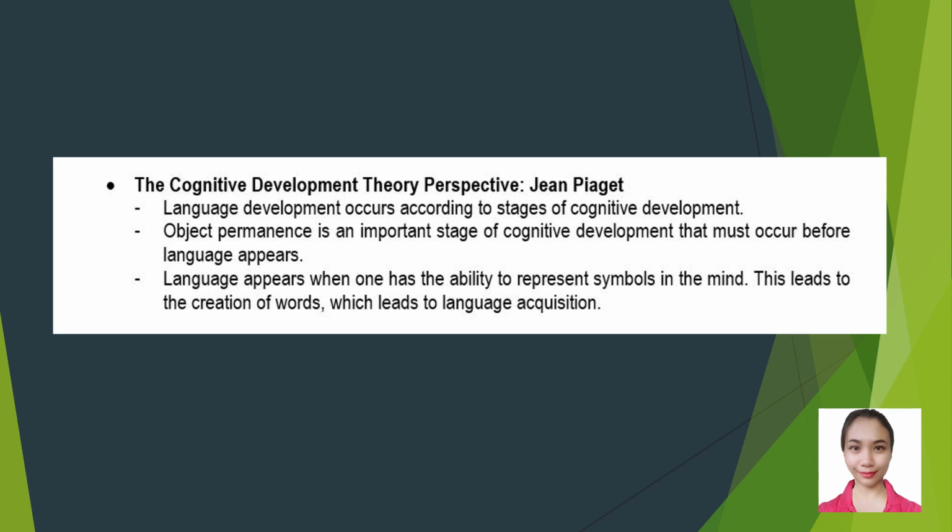Kasi according to Jean Piaget, the children need to develop first their mental capabilities. Parang kailangang ma-develop yung mental capabilities muna nila in order for them to learn the language itself na naririnig po nila.